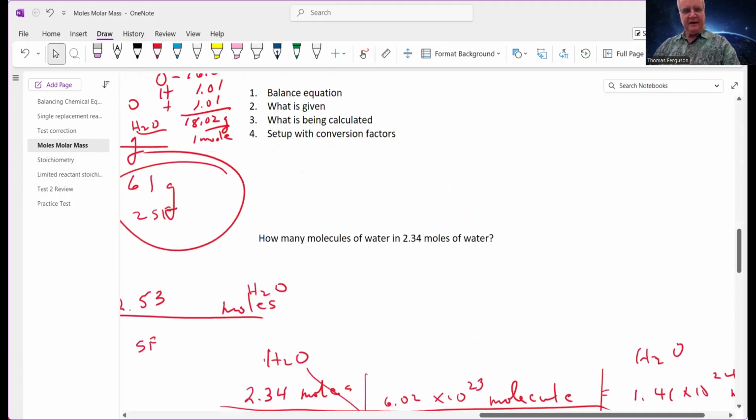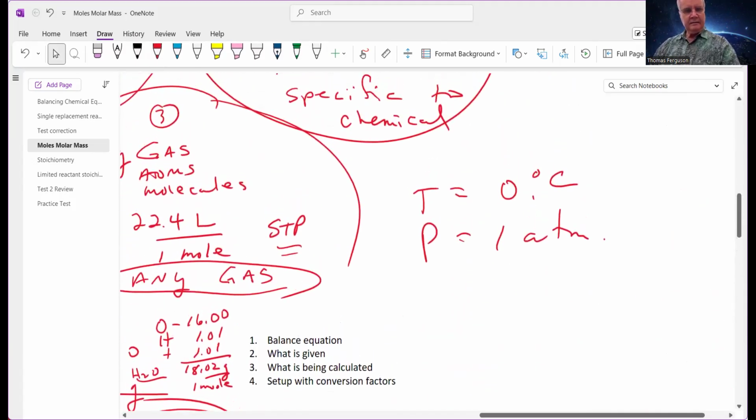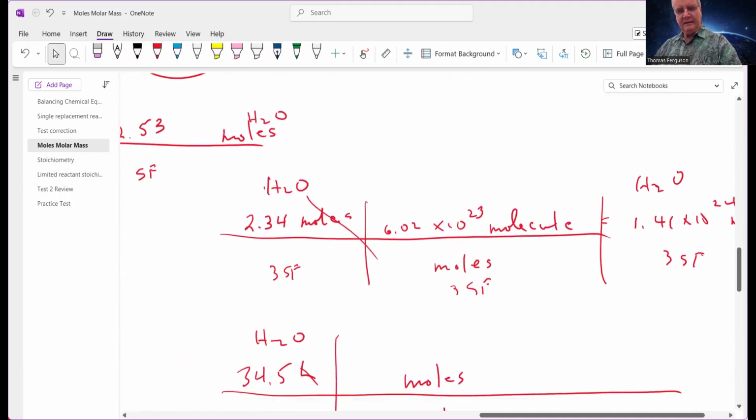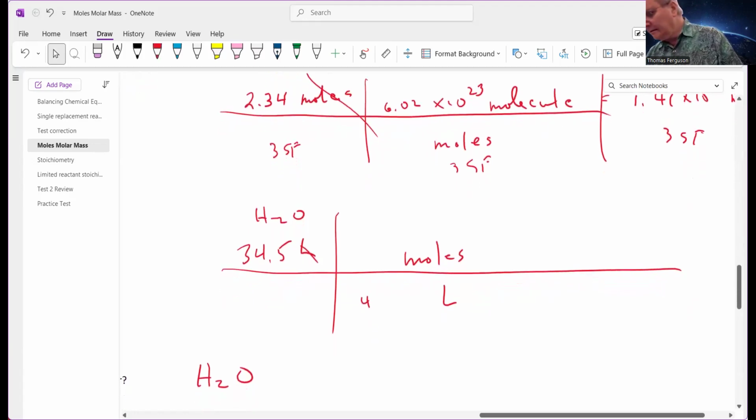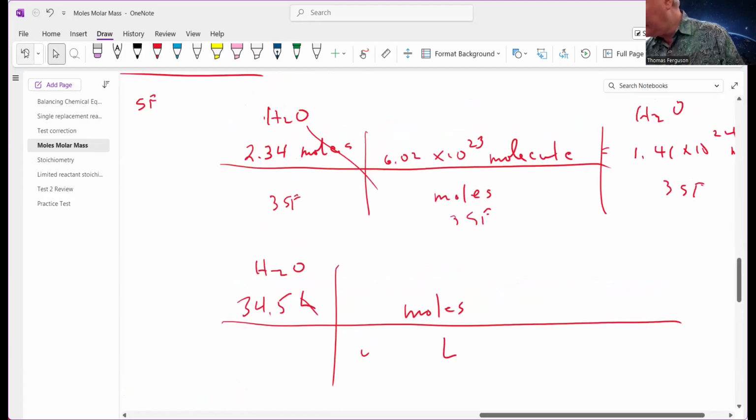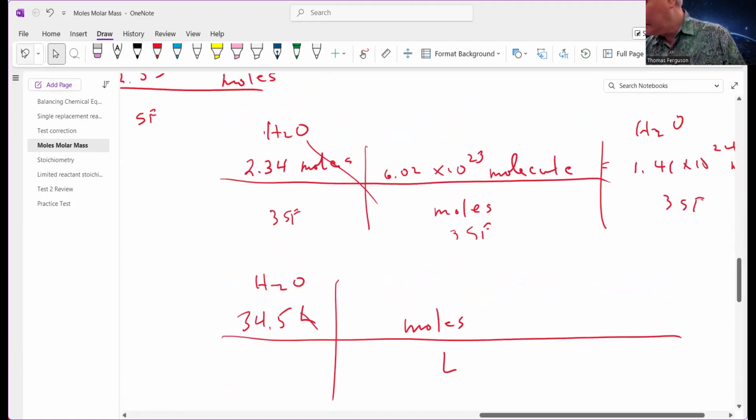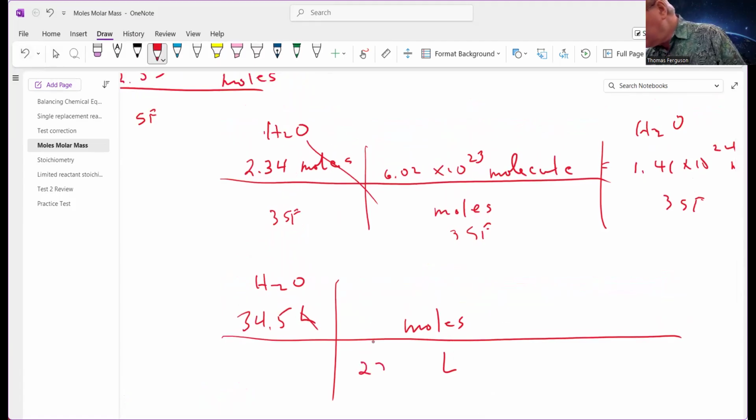So we're going to use a conversion factor, 22.4. Okay, now we're in moles. Now we're going to go from moles to molecules.